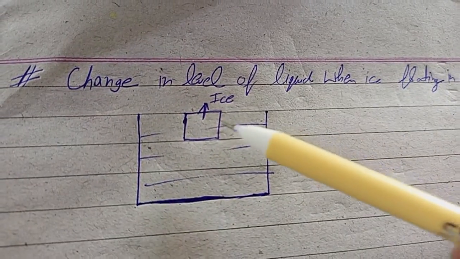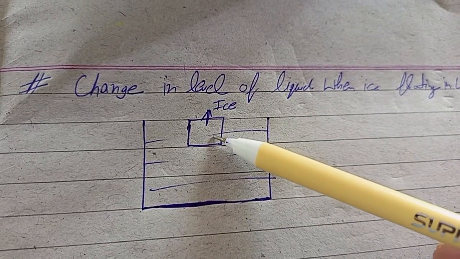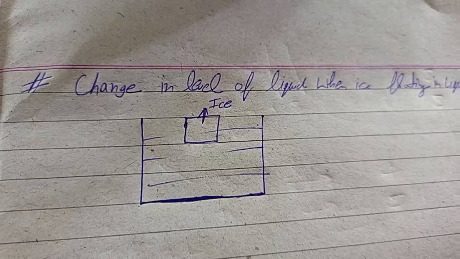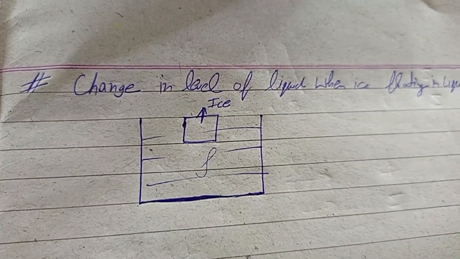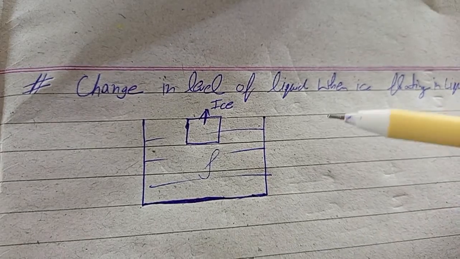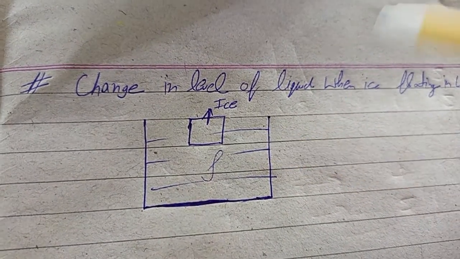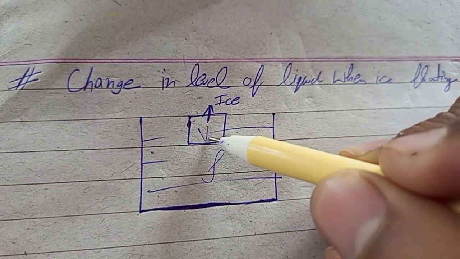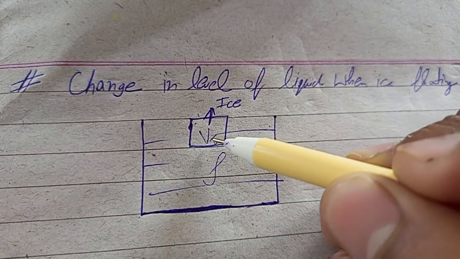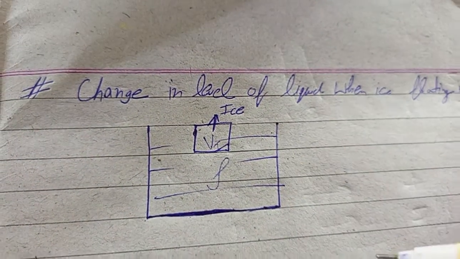So suppose I have this ice cube. This ice cube has been placed in this liquid. I will assume the density of this liquid to be rho. So I am assuming that a volume Vi of this ice cube is inside this liquid.